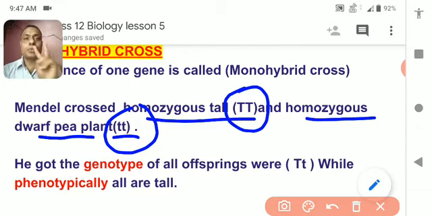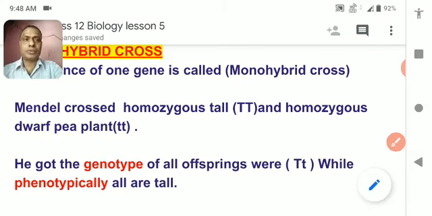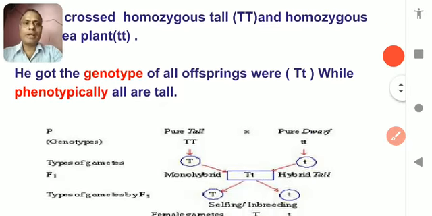And tallness and dwarfness are the two traits of a single character. The character was height of the plant. Yes, I think you understood. So when he crossed the two plants, what did he get?